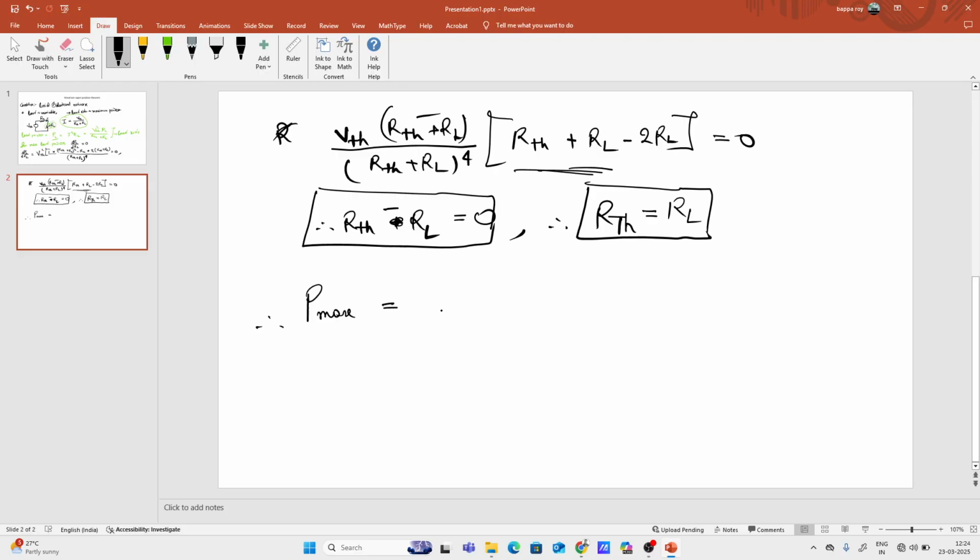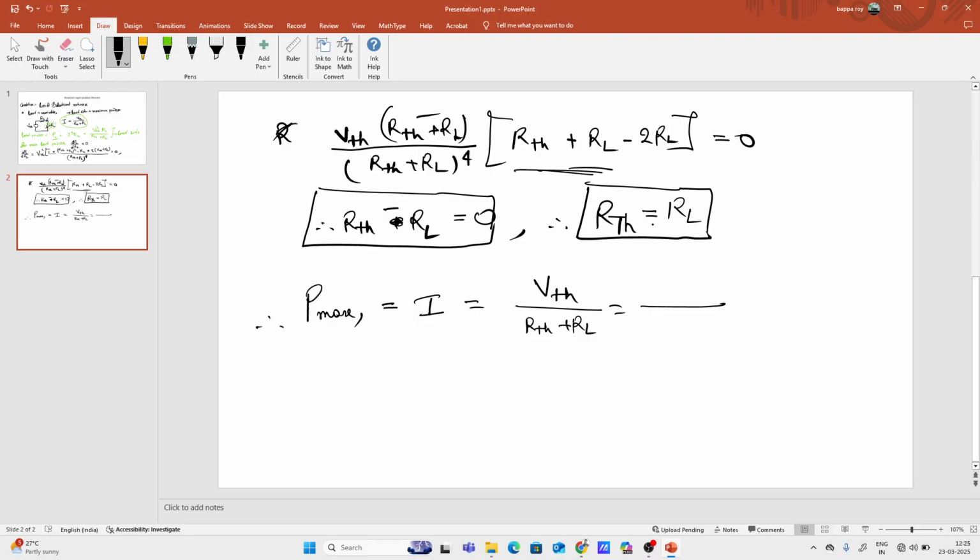So now we'll calculate the maximum power, Pmax. For Pmax, let me find the current first. What will be the current? VTH divided by RTH plus RL it was.